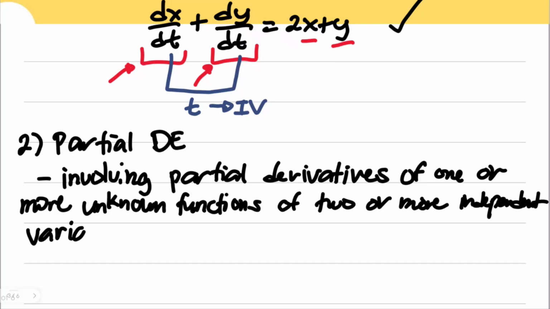The two things you need to consider are really having partial derivatives, and having two or more independent variables.